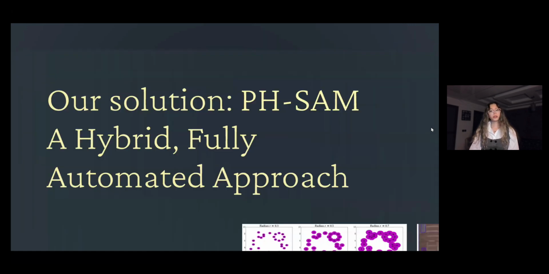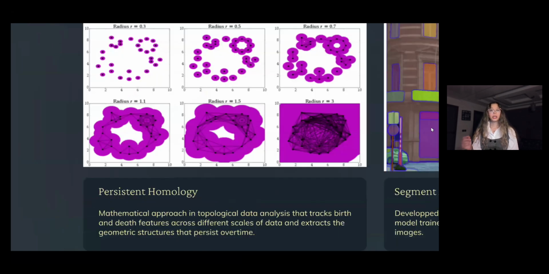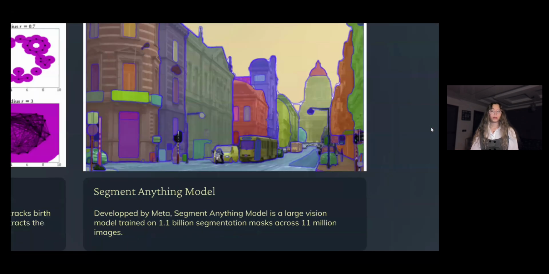So, to overcome these challenges, we introduced PHSAM. It is a zero-shot, fully automated segmentation pipeline that unites persistent homology, a mathematical technique from topological data analysis that analyzes the birth and death of topological features across different scales of data and extracts multi-scale structures, and the Segment Anything Model, or SAM, developed by Meta, which is a large vision model trained on 1.1 billion segmentation masks across 11 million images.